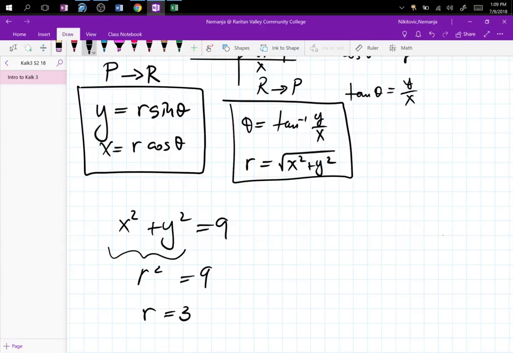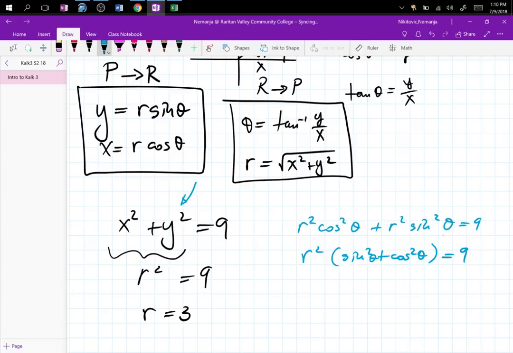You factor out r squared, and you're left with sine squared plus cosine squared. What is that? That's 1. So here's your r squared equals 9, r equals 3 again. So whether you're going to immediately see that r squared is x squared plus y squared and plug that in, or you're going to replace individual x and y and then massage the algebra, up to you. Conversion needs to be done because we are going to switch between these systems.